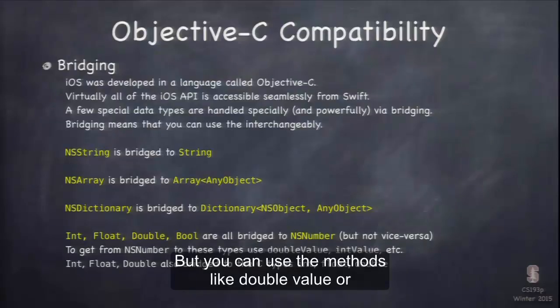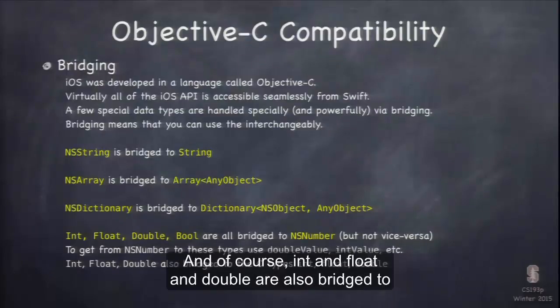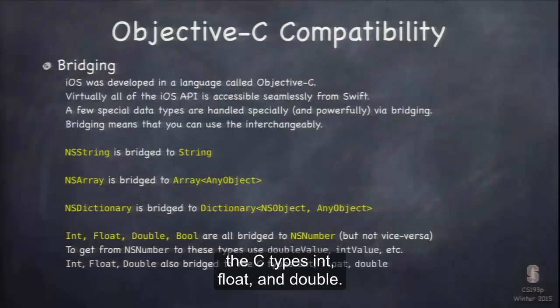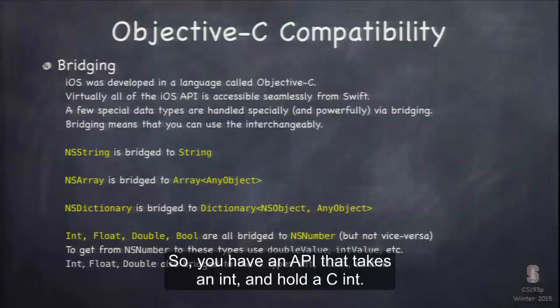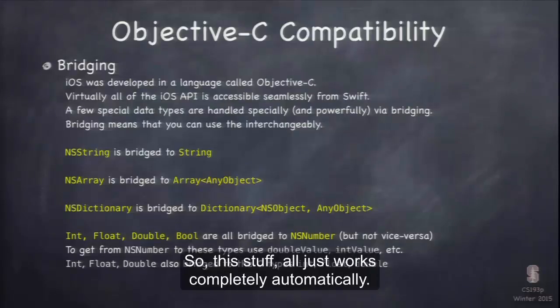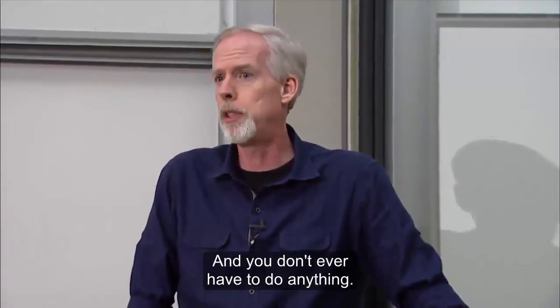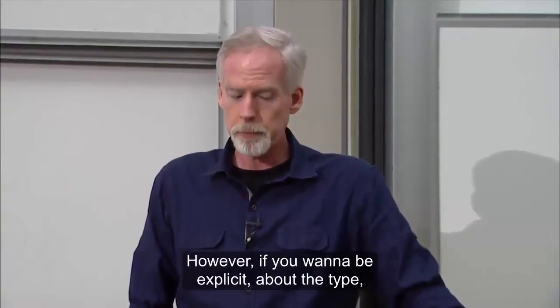But you can use methods like doubleValue or intValue, like we use doubleValue in the calculator. And of course, Int and Float and Double are also bridged to the C types int, float, and double. So if you had an API that takes a C int, it'll be bridged to take the capital I Swift Int. So this stuff all just works completely automatically, and you don't have to do anything.